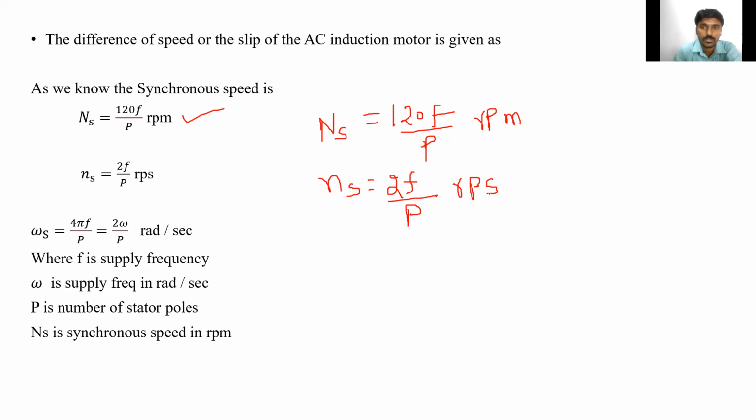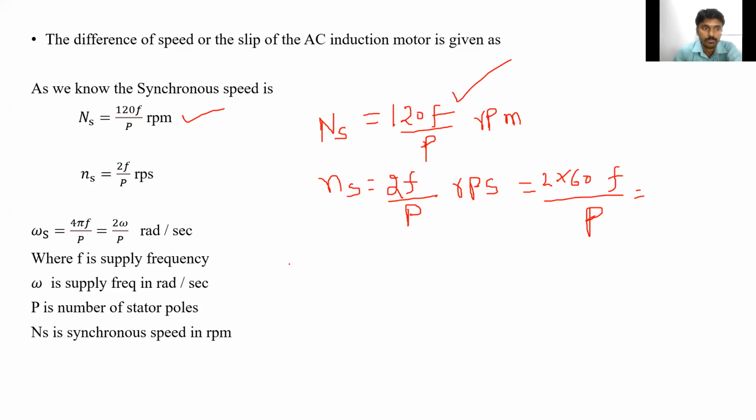Okay, so if you want to convert this rotations per second into rotations per minute, just multiply by 60, because one minute has 60 seconds. That is equal to 2 into 60 into f upon p, that is equal to 120 f upon p in rotations per minute.